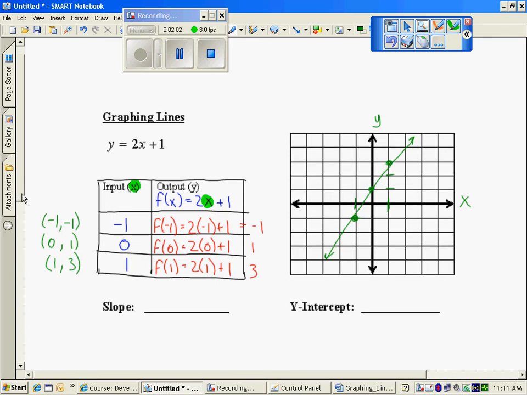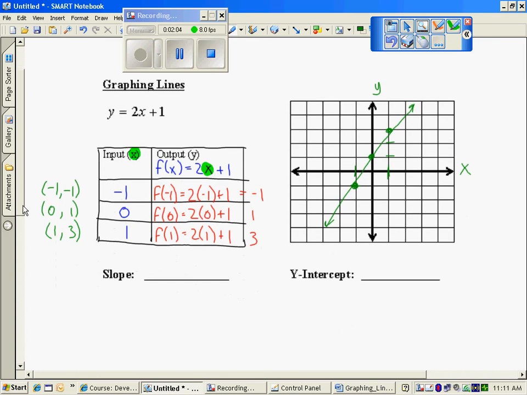Now when we form a line, there's really two things we're going to be looking for: the slope or the slant of the line. And so if I try to determine the slope of this line, slope is defined to be rise over run. I'm going to pick any 2 points. And I'm going to find out how high did I rise and how far over did I run. I rose 2, I ran 1.